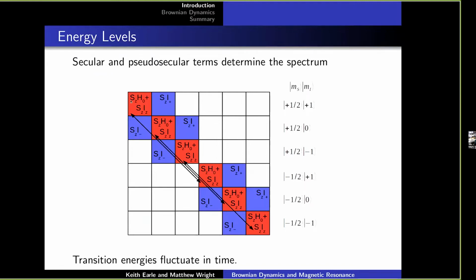And so those terms that are proportional to SZIZ or SZ and the applied magnetic field define energy levels in the systems. And if I flip the system from electron spin minus 1/2, nuclear spin plus 1, to electron spin plus 1/2, nuclear spin plus 1, this is what's known in the trade as an allowed EPR transition.